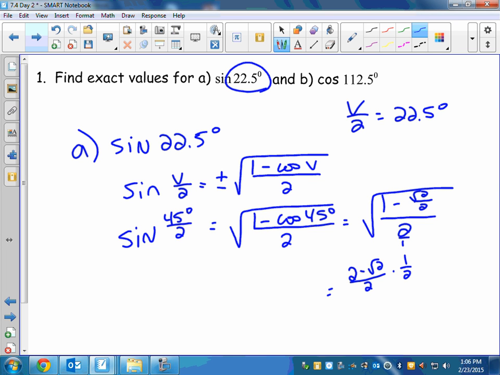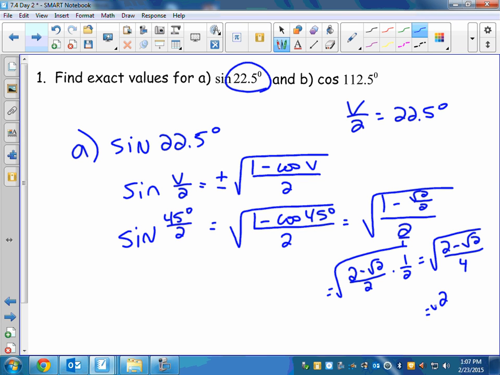Do you agree with that? So could I say 2 minus the square root of 2 all over 4?